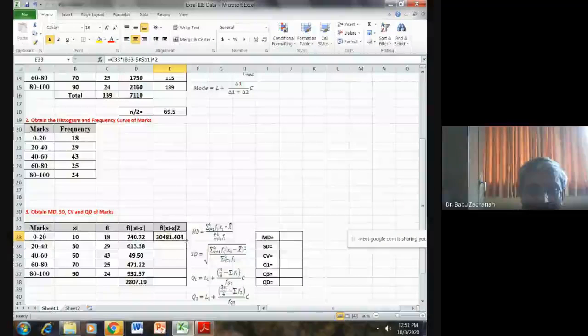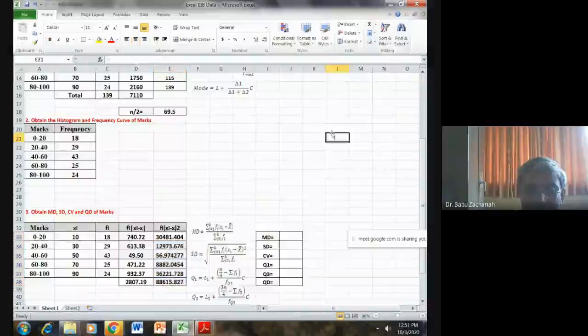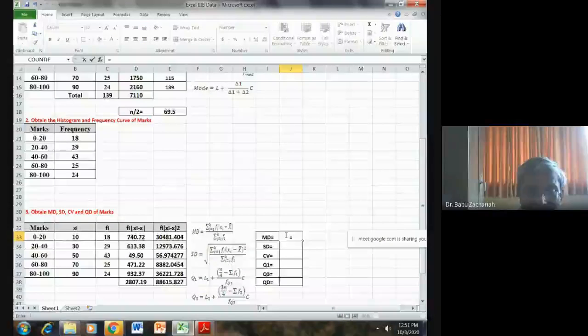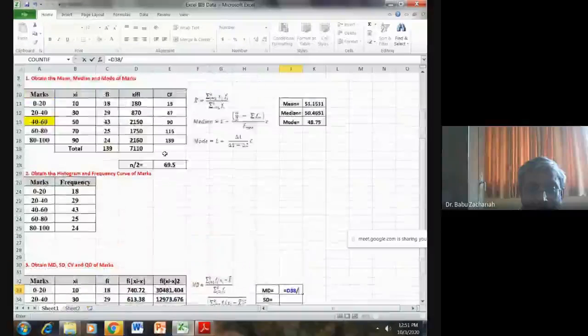Copy it down and take the total. So that's also available. The mean deviation here will be the total which you got here divided by the total frequency. You got the total frequency, 139.